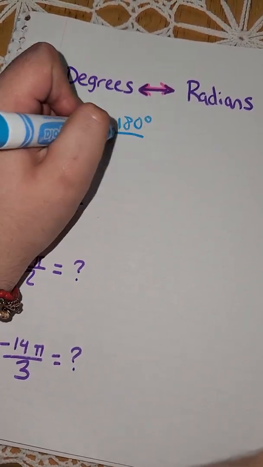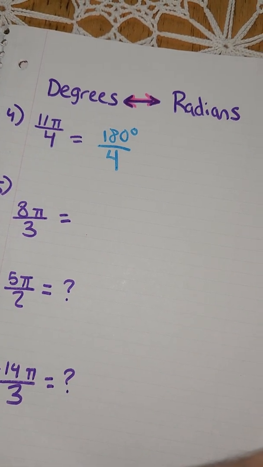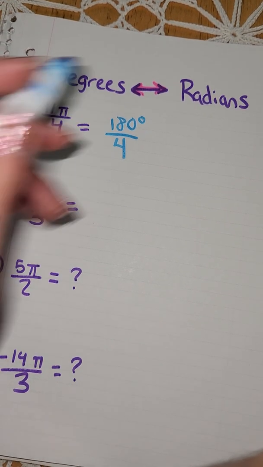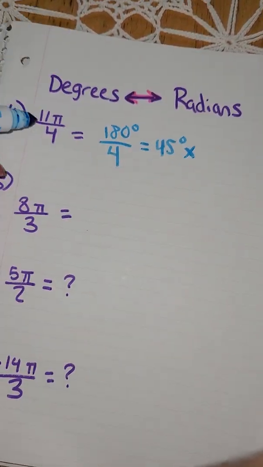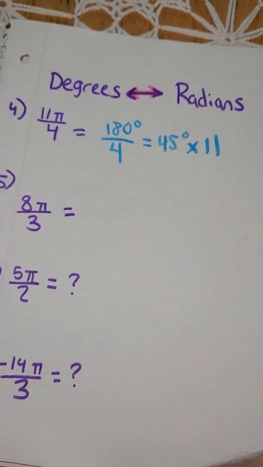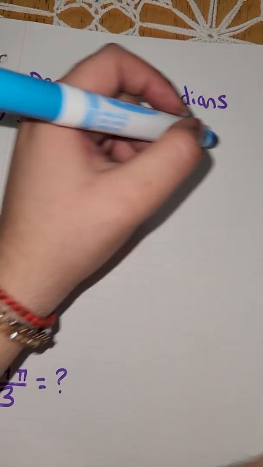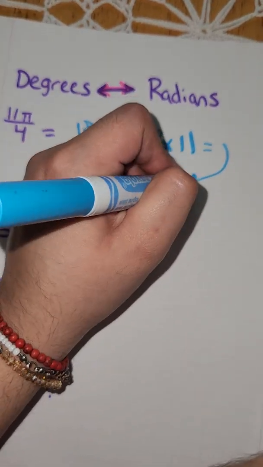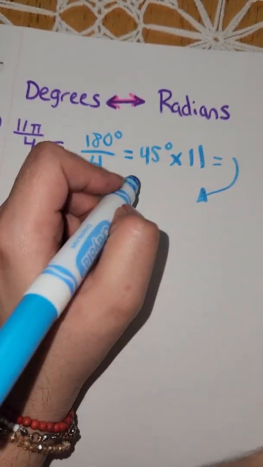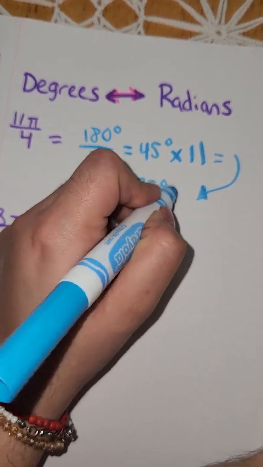So again, the same thing. 180 degrees divided by the denominator equals 45, times that times the numerator, and equals 495 degrees.